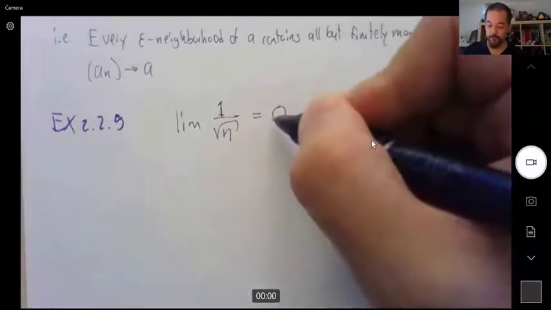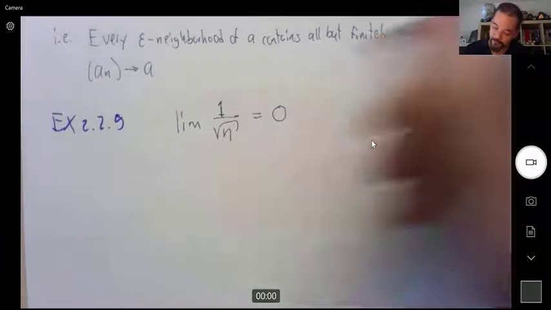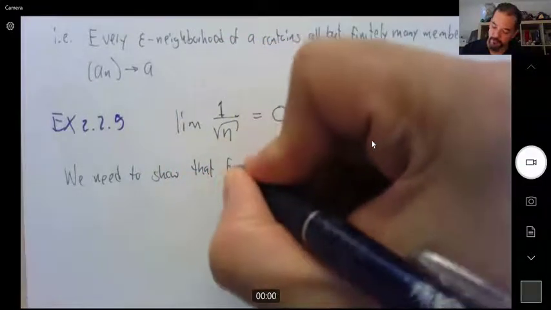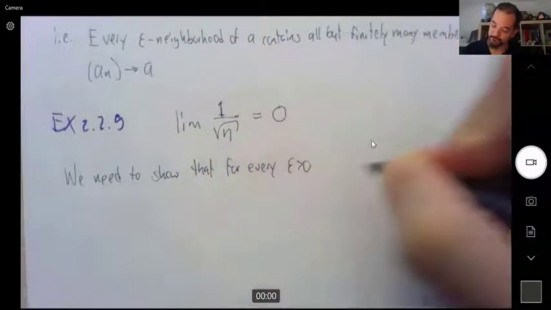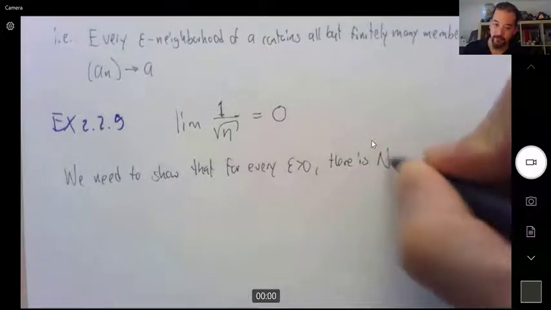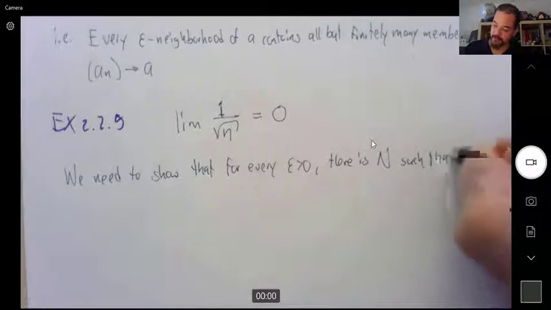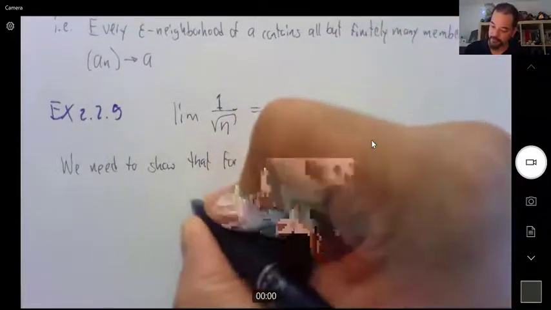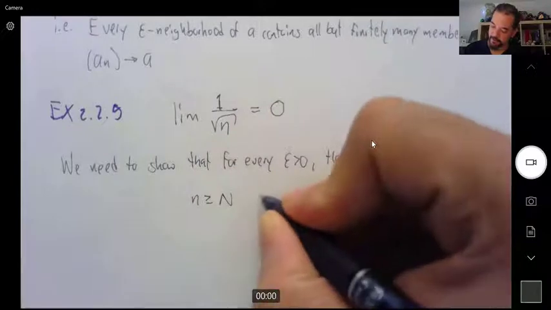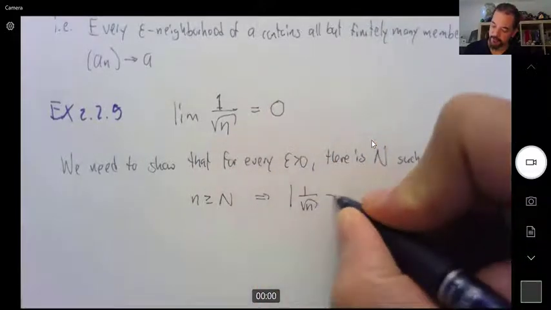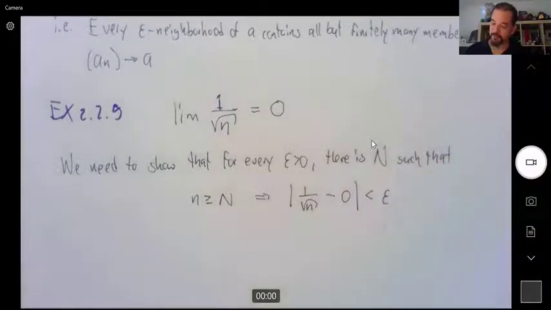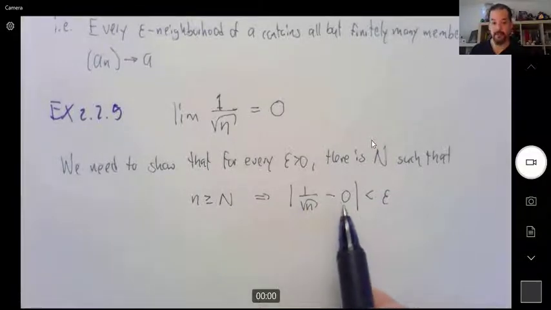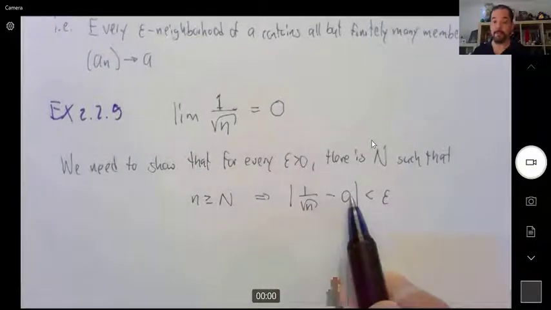For this to be true, we need to show the following: for every epsilon greater than 0, there is some capital N such that, you can say it in two ways, either if little n is bigger than capital N, then the absolute value of 1 over root n minus 0 is less than epsilon, where this is the x_n and this is the A, because the limit we think is 0.